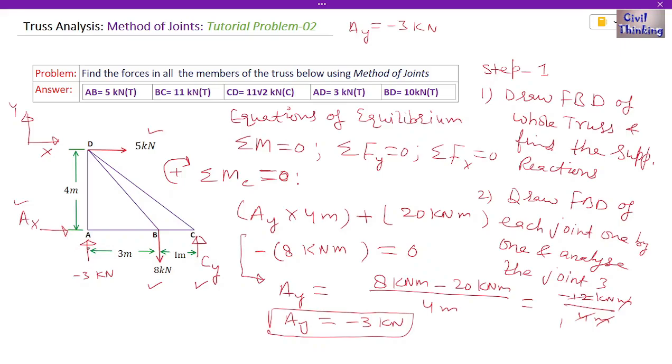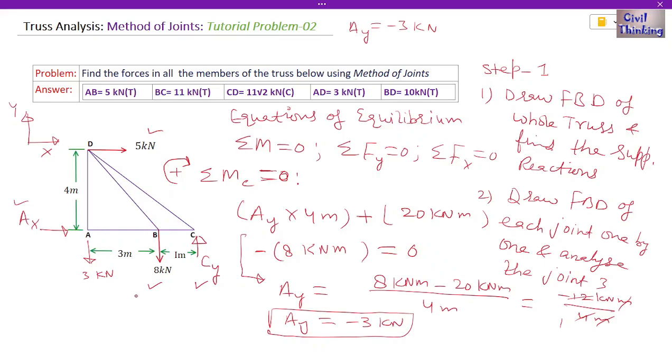We assumed the direction of this support reaction upwards, but we got a negative value. It means our assumption is wrong and the actual direction is opposite. Our assumption was upwards, but the actual will be downwards. The magnitude will be same, 3. So we will erase this negative here. Why? Because the negative sign is about direction. Since we corrected the direction, now there is no need to write negative 3 again.